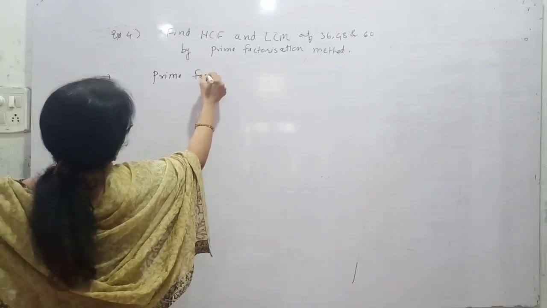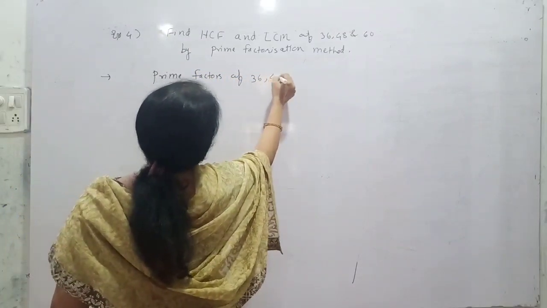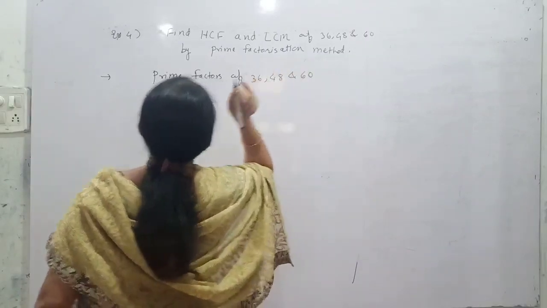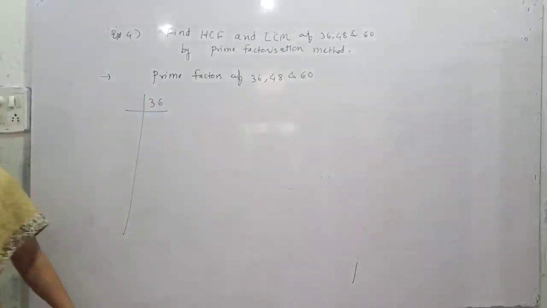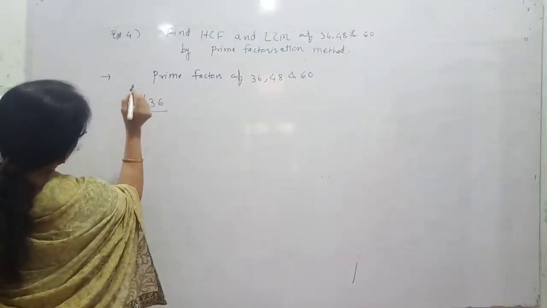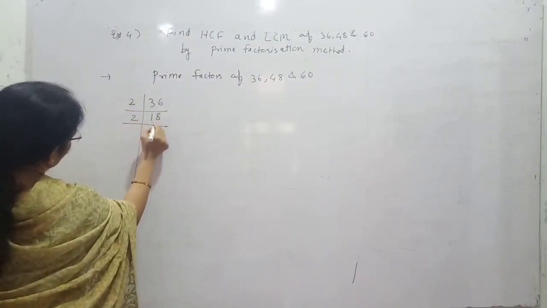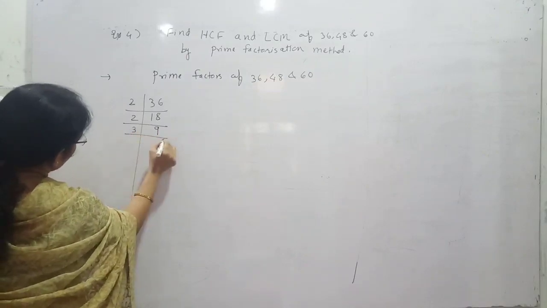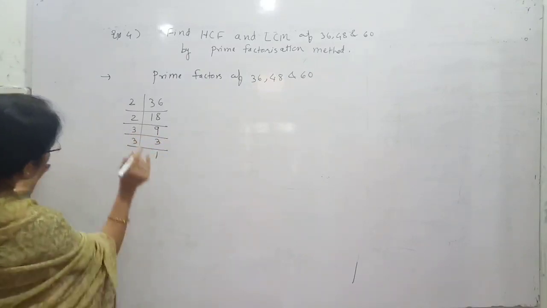Prime factors of 36, 48 and 60. Prime factors of 36: 2 18s are 36, 2 9s are 18, 3 3s are 9 and 3 1s are 3.